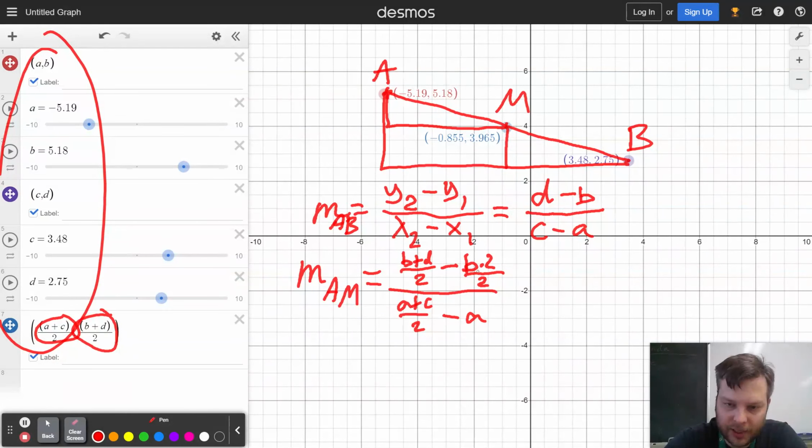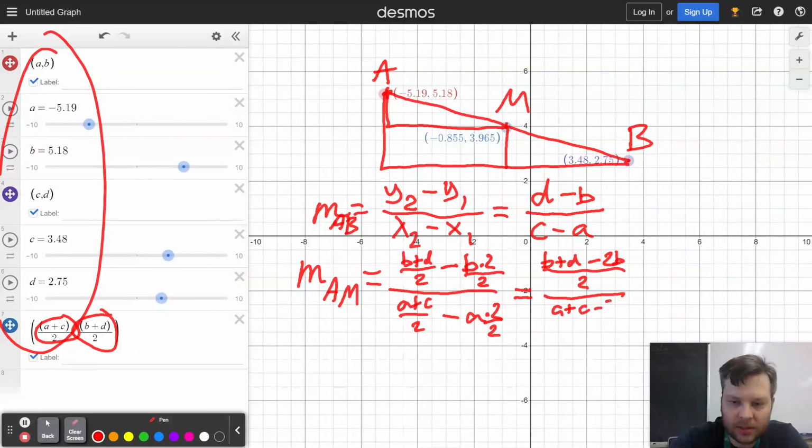So all I've really done is taken the number b and multiplied it by 1. I'm going to do the same thing with the number a on the bottom. When you do that, you create common denominators. So now I have b plus d minus 2b over 2. And on the bottom, I have a plus c minus 2a over 2.